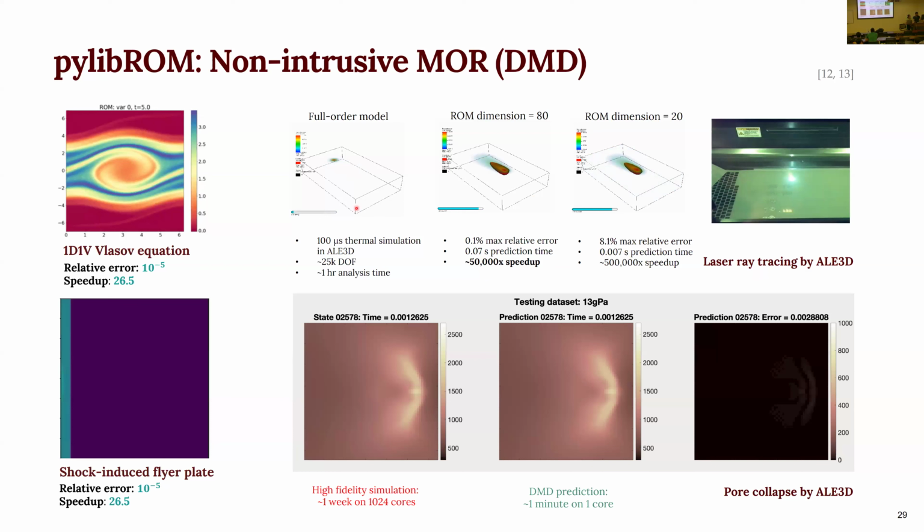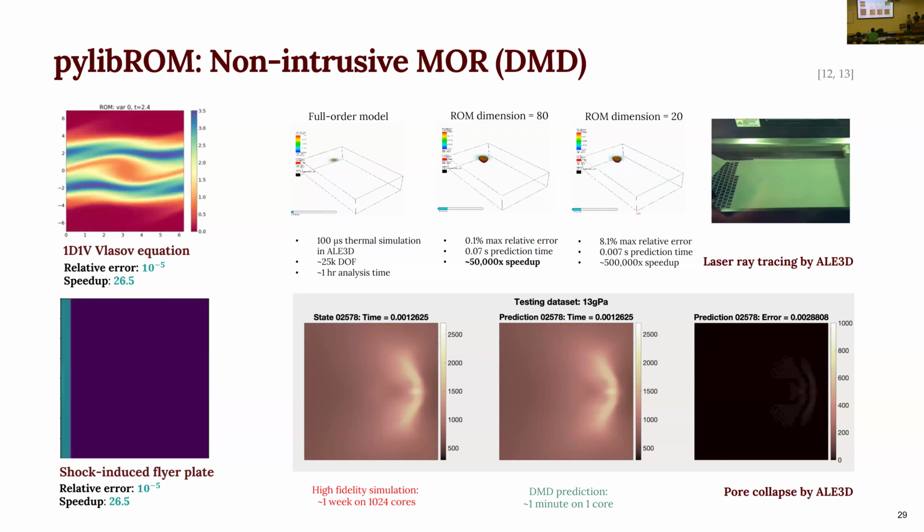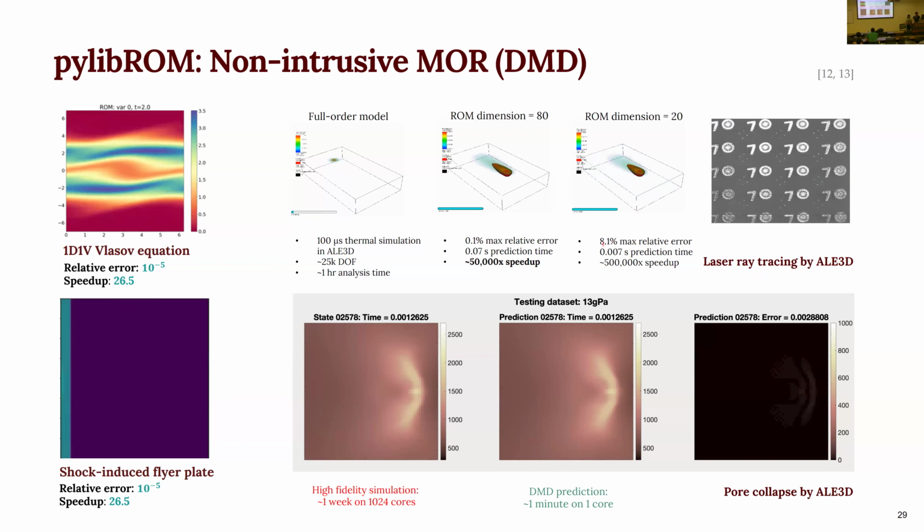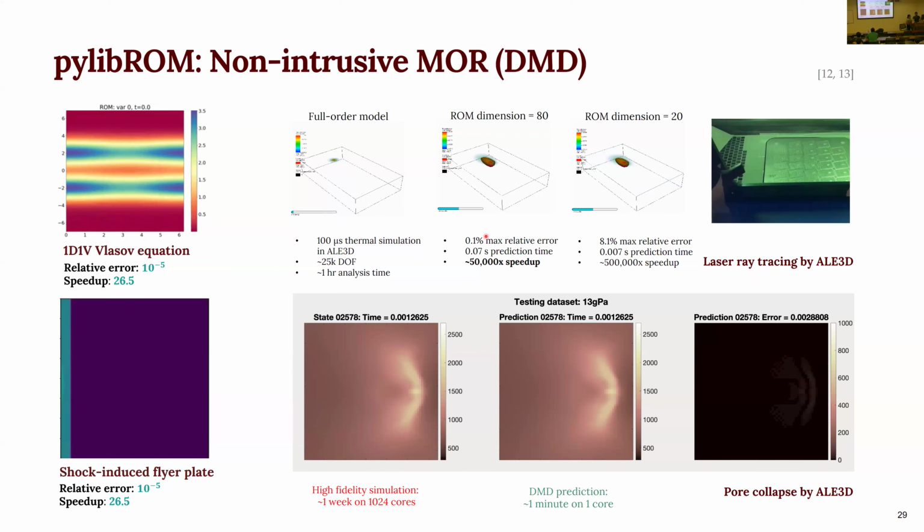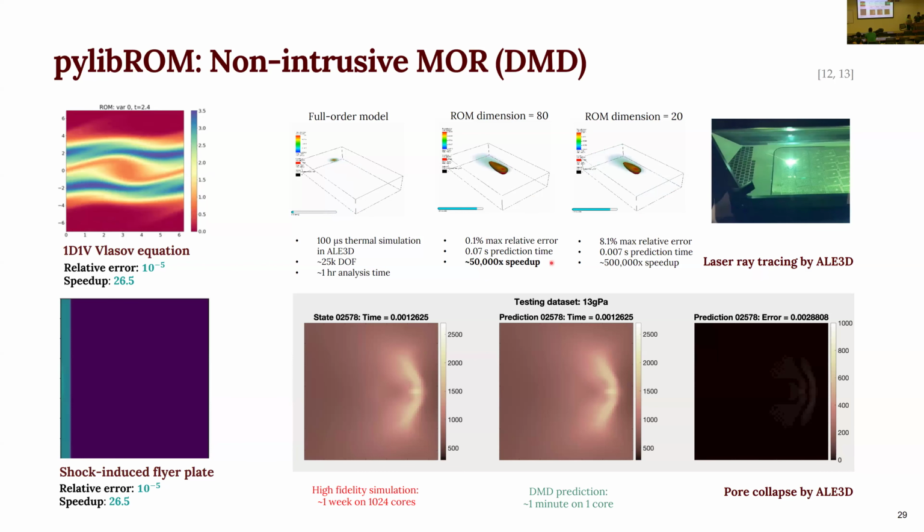However, if you implement DMD, with just 0.1% of maximum relative error, you can achieve a 50,000 times speedup. That's pretty huge. And you can also tune the trade-off between accuracy and the speedup using DMD.